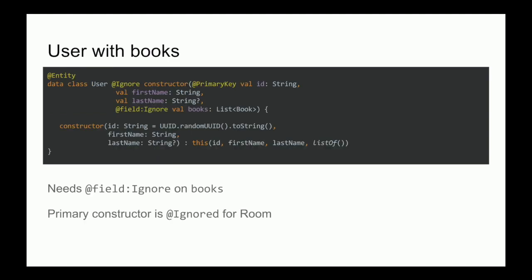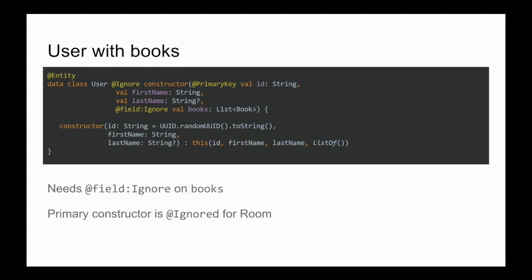So this is pretty interesting because now we can sort of work with our data model to do things that Room by default cannot store. So I mentioned we cannot store entity relationships. But what if I have this object where I have a user with a list of books, assuming books is also entities? Well, I can still model this.